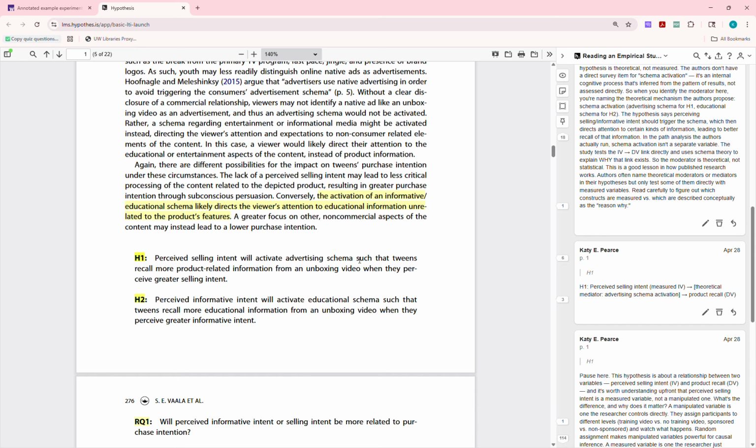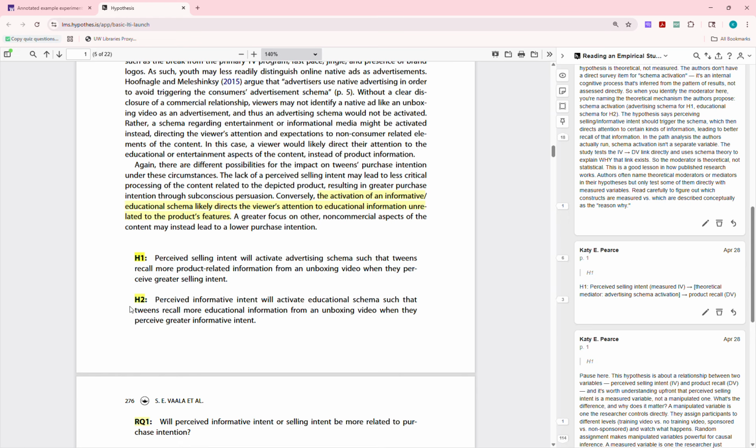But what they're arguing is that theoretically, this is the link between these things. So they asked the kids about perceived selling intent, and then after they saw this video, they asked the kids to remember things about the product. Those were two things measured at the same time.